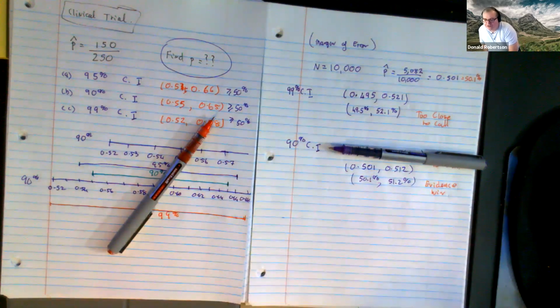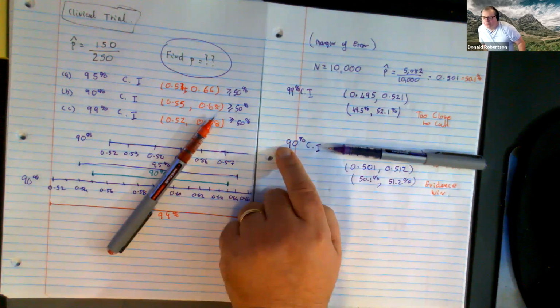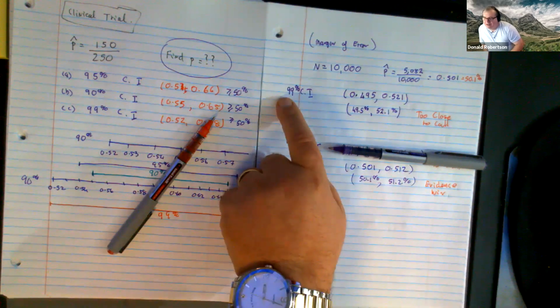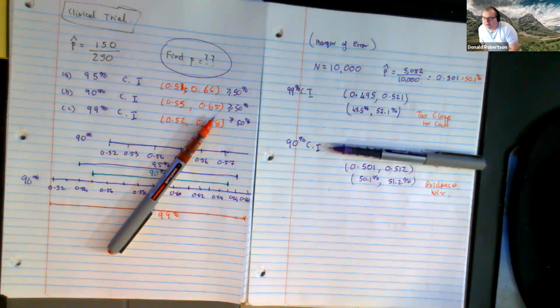I strongly suspect that many polls work on 90% confidence intervals rather than 99. And the reason why I strongly suspect that is, if you do 99% confidence intervals, isn't it far less likely you're going to declare a winner?